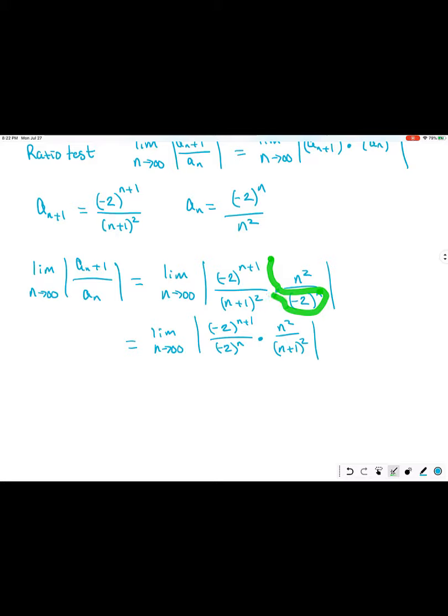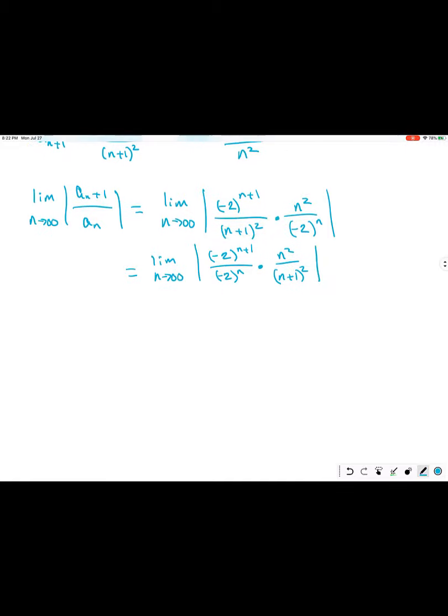So I took these two terms and wrote them as a common fraction together, and these two terms and wrote them together as one fraction. And I did that because everything is being multiplied inside the absolute value.